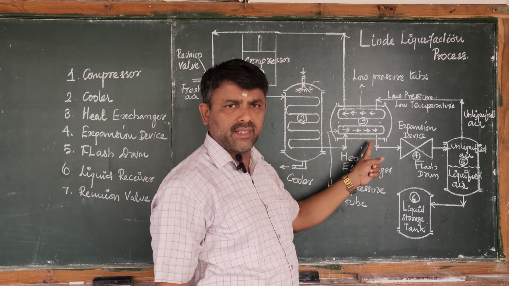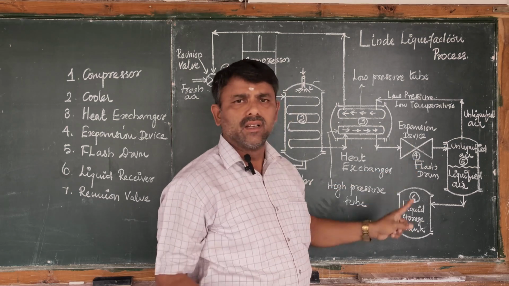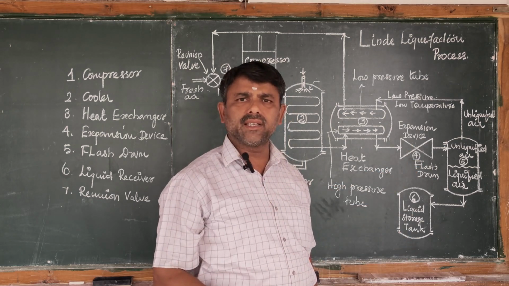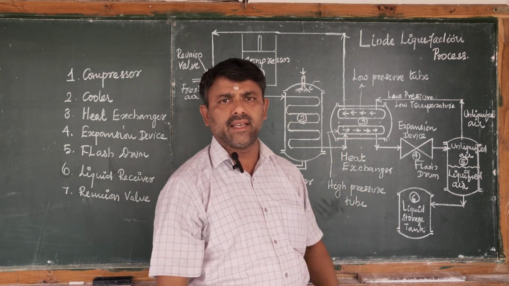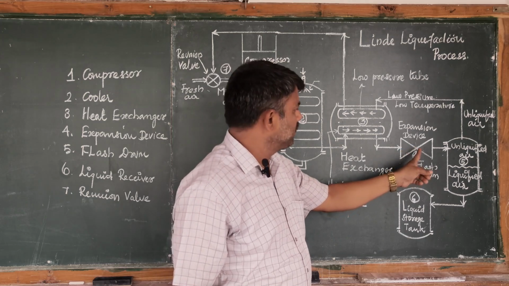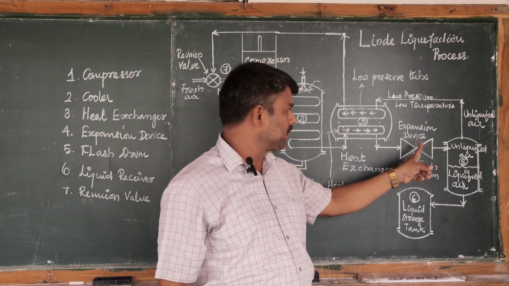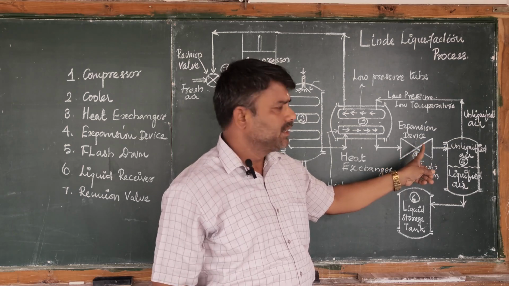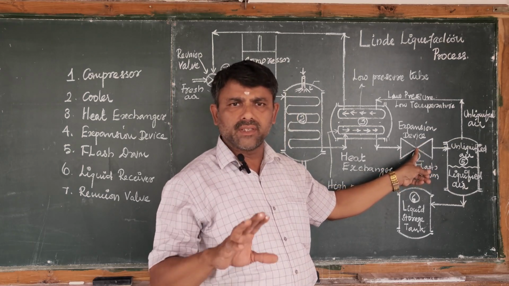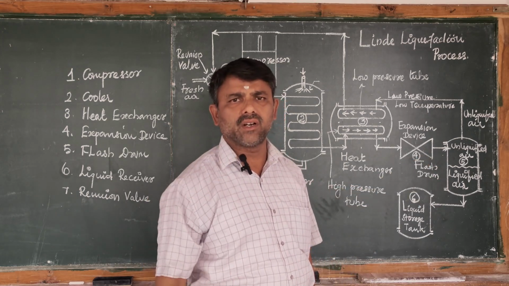Once the highly compressed air enters the expansion device, first it experiences an increase in pressure because it is a convergent area. Once it crosses the flow restricted area, the throttle area or porous plug, the compressed air suddenly expands in a very short span of time.